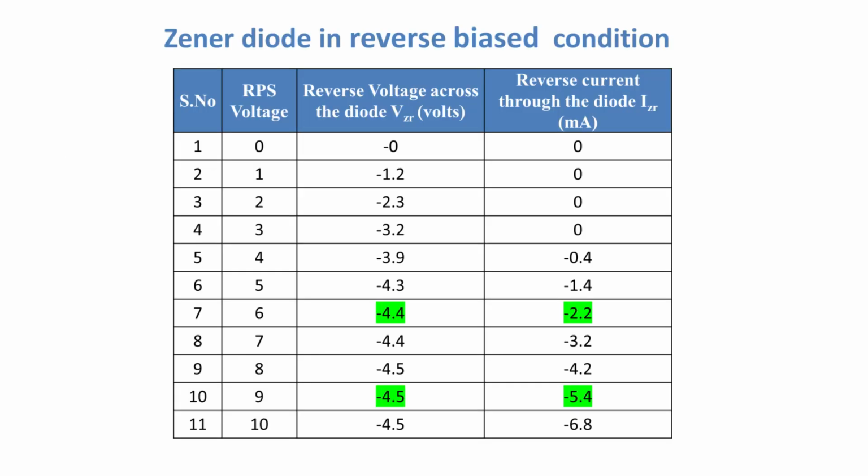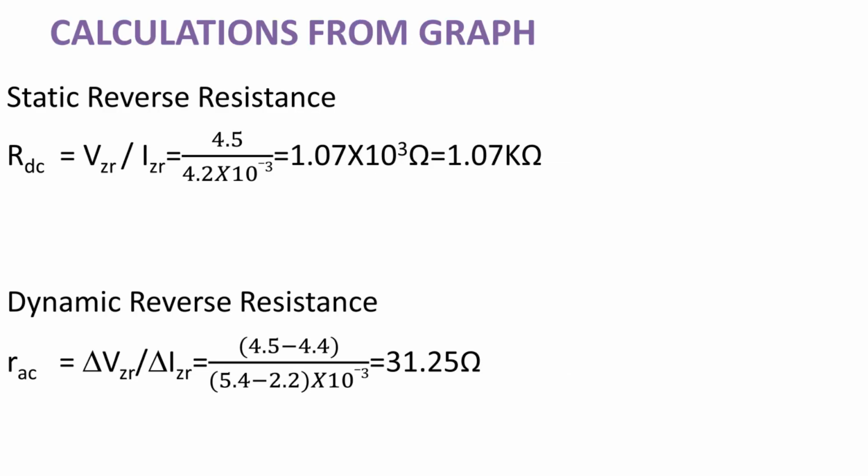Coming to dynamic reverse resistance, the value is delta VZR by delta IZR, which is 31.25 ohms. These are the calculations from the graph or table.